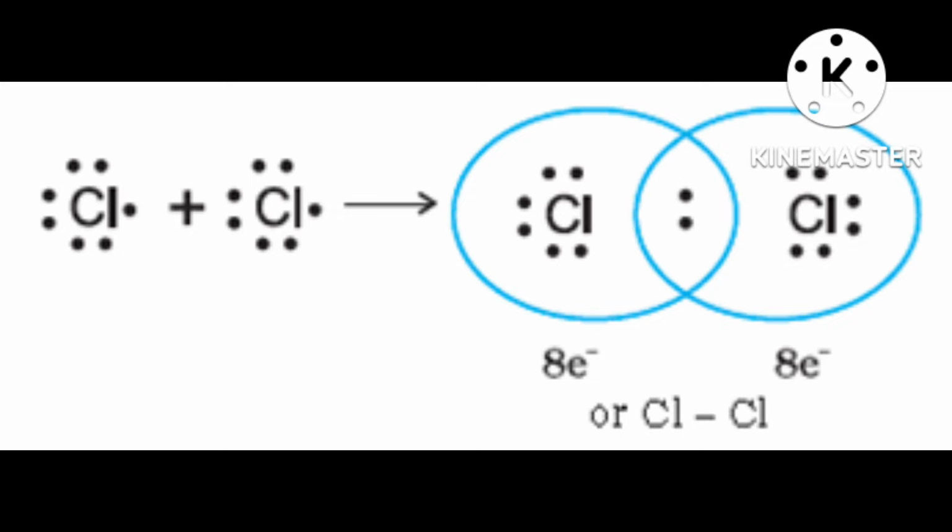He further assumed that these 8 electrons occupy the corners of a cube which surrounds the kernel.